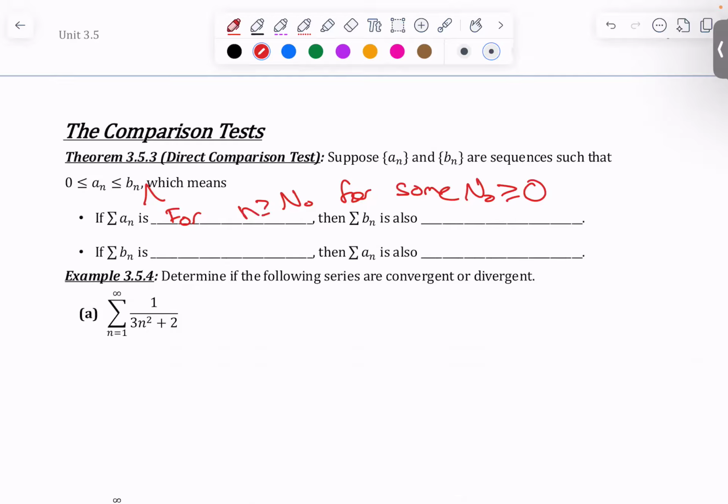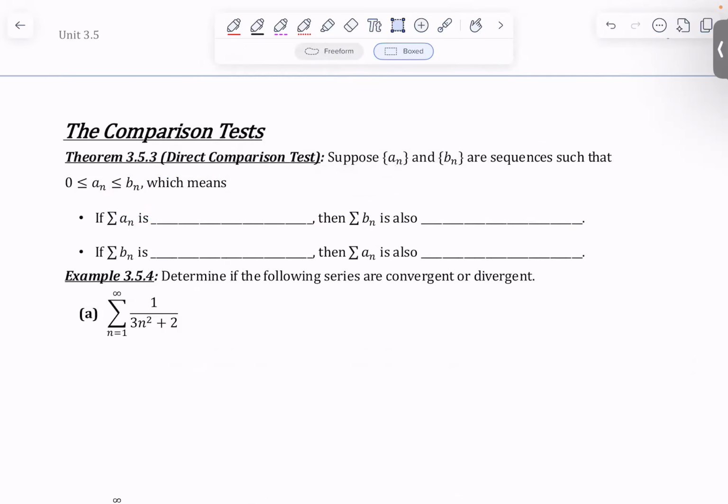It doesn't always have to be larger. It's a silly thing, but mathematicians are silly. So back to the point, a sub n is always less than or equal to b sub n.